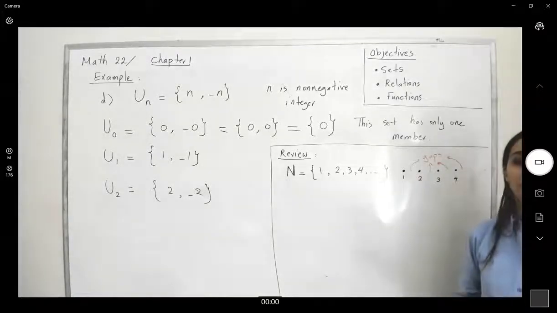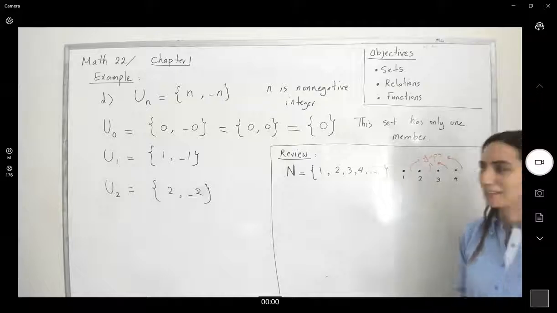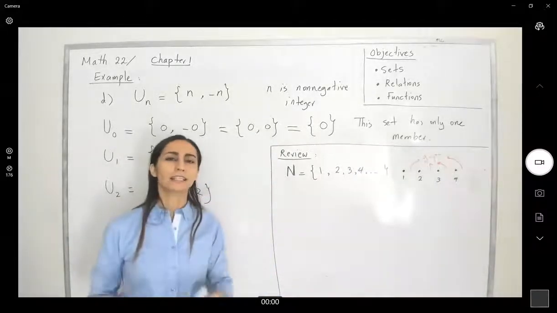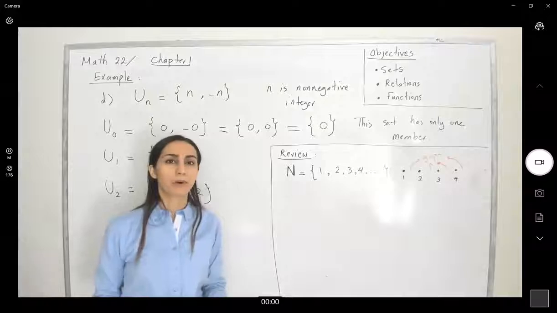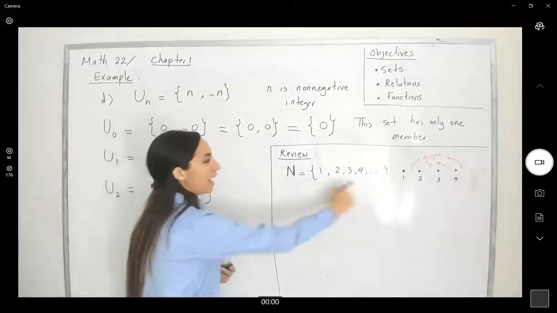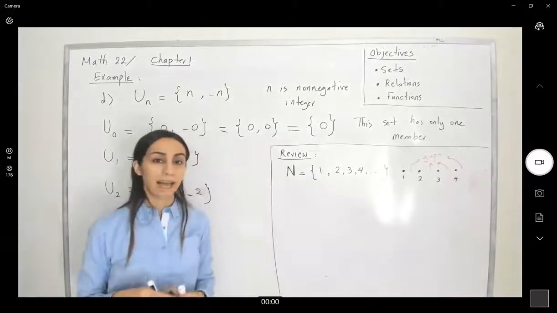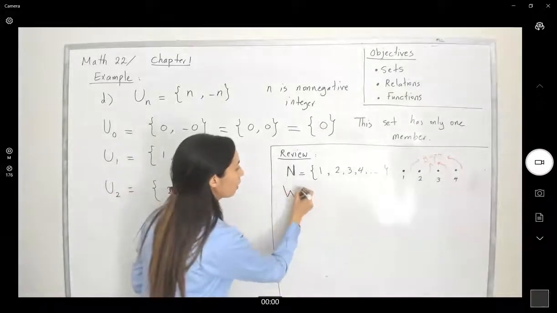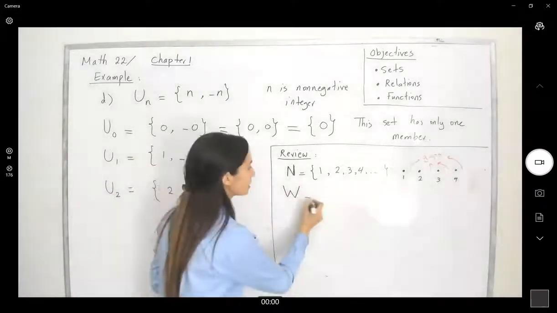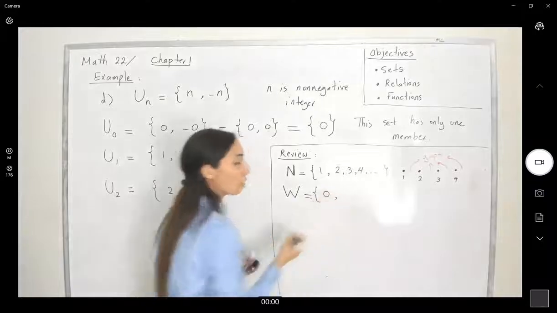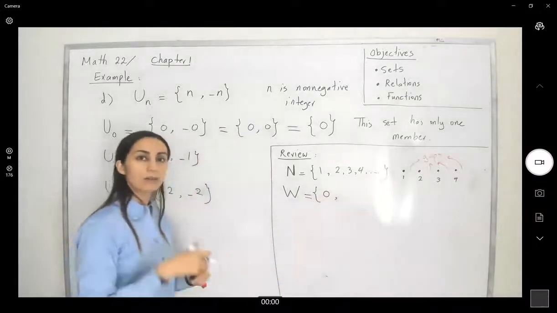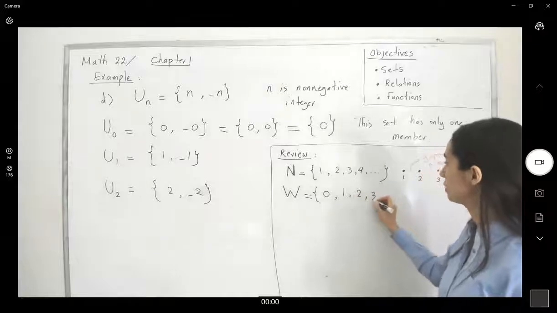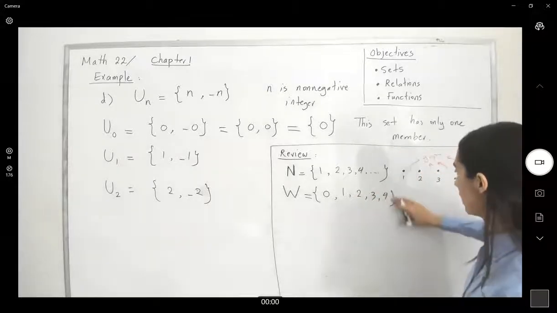Of course, in math, we are interested in generalizing the idea. I expect you to ask, what about negative numbers? Where did 0 go? We can add 0, then we can add negative numbers. We use whole numbers to represent the set starting from 0: 0 union with counting numbers, 1, 2, 3, 4, and so on.